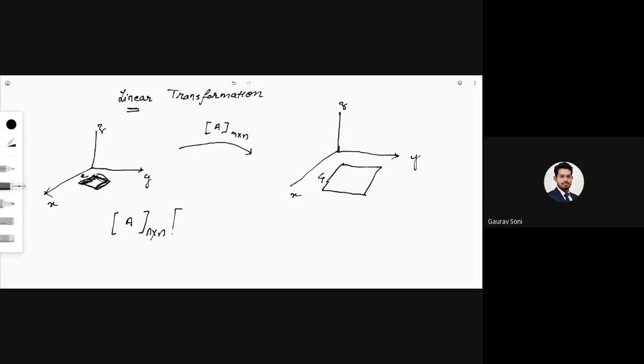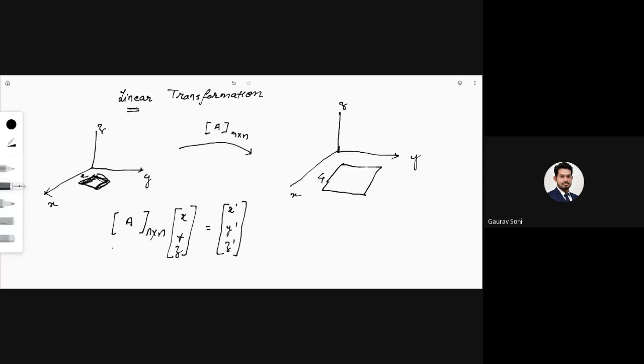Since it is three-dimensional space, I will have x, y, z. Once I multiply by x, y, z, I will have a 3 by 1 matrix, a vector, say x dash, y dash, z dash.